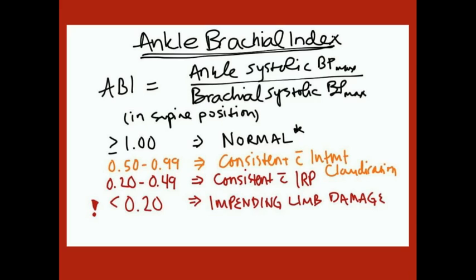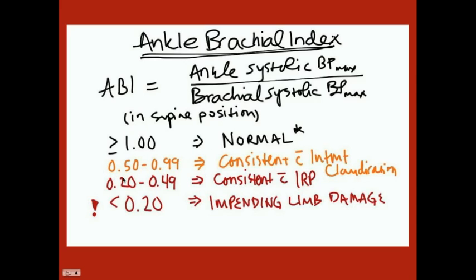So a normal ankle brachial index would be anything greater than 1. So if the ankle systolic blood pressure in supine position compared to the brachial systolic blood pressure is greater than a ratio of 1, then that's considered normal in most cases, and I'll explain the one exception.